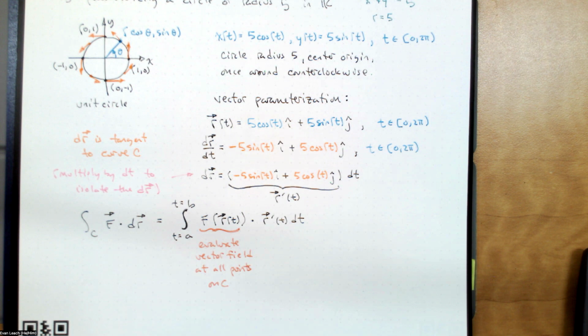But that curve, f dot r prime, is not related to the shape of the curve. That's going to be some weird combination of how the function and the tangents along the curve are interacting at all those different points.